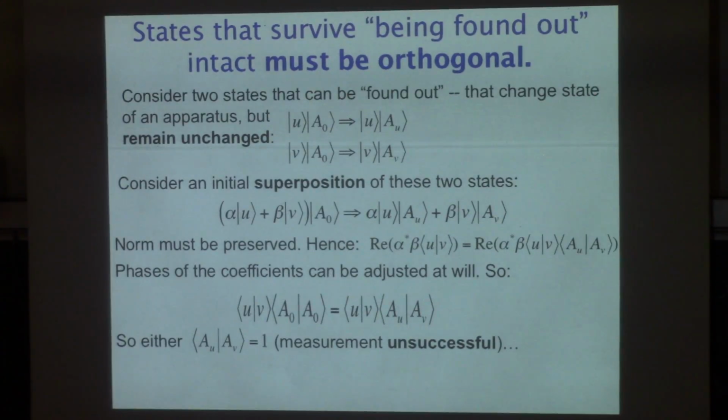And the measurement is going to mean that I have a state U and that state influences the state of the apparatus. So U, A0 evolves into U, AU, and V, A0 evolves into V, AV. I assume repeatability, which means that the same state of the system appears on both sides of this.